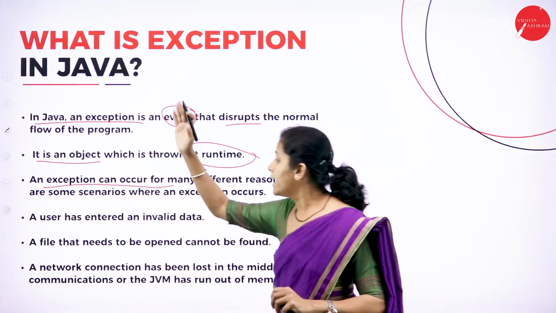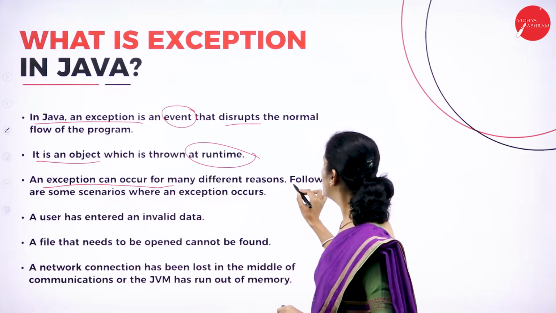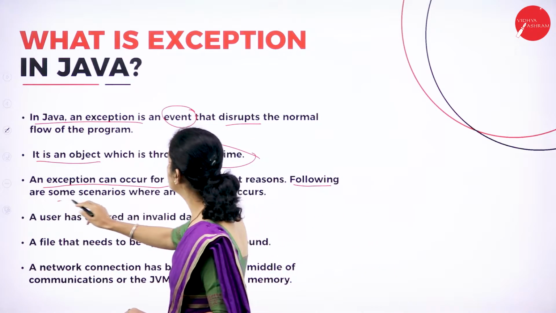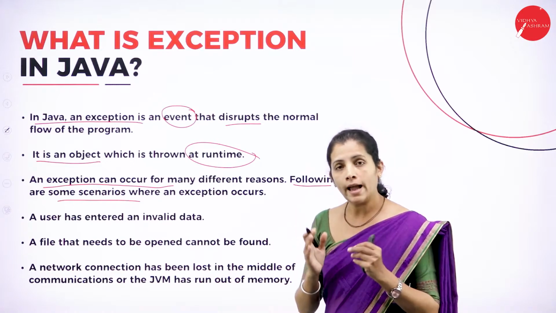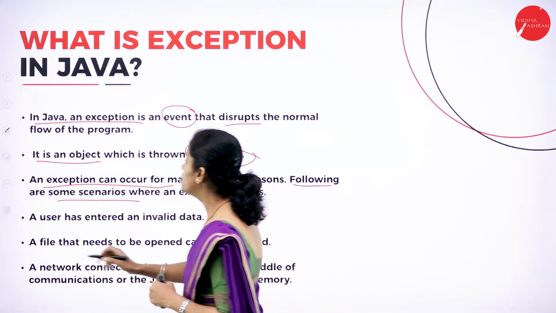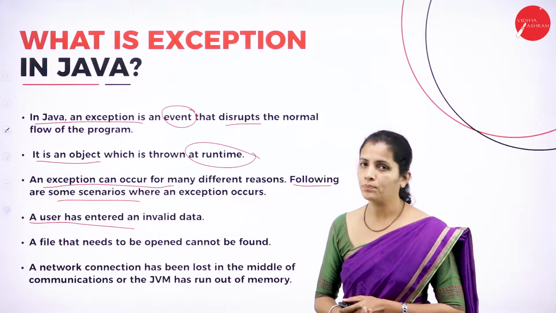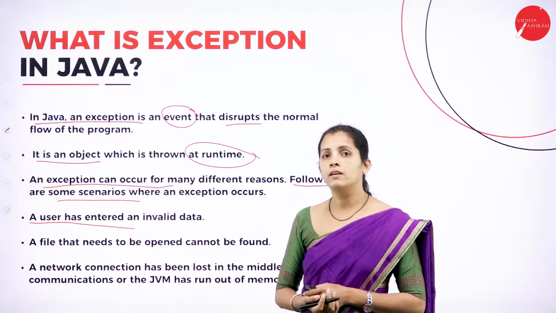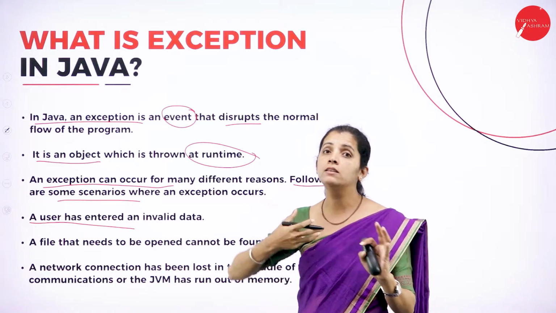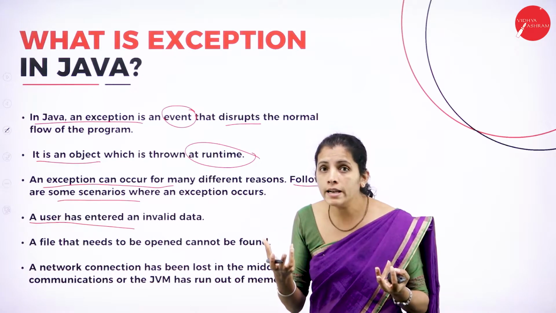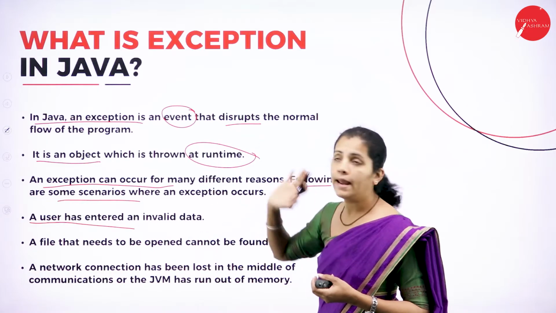So, an exception may occur for any reason. Following are some of the scenarios. So, there are some examples for an exception. A user has entered invalid data. For example, someone requested some data, but the user entered some other data. So, it is invalid data. This is also an example for an event or an exception.